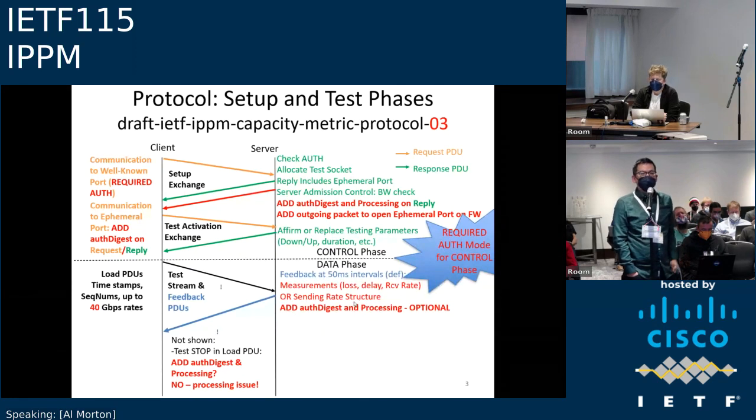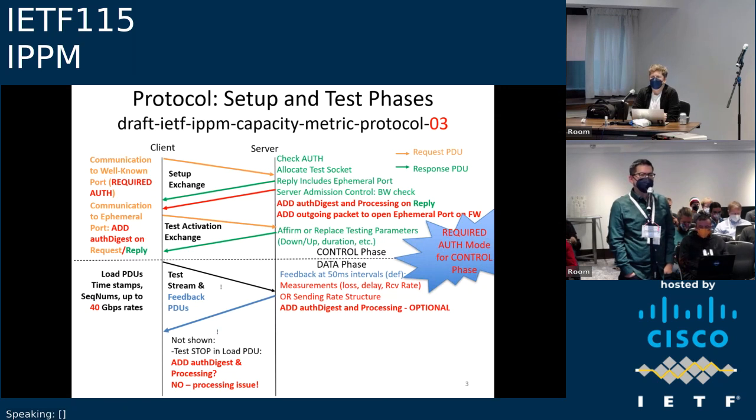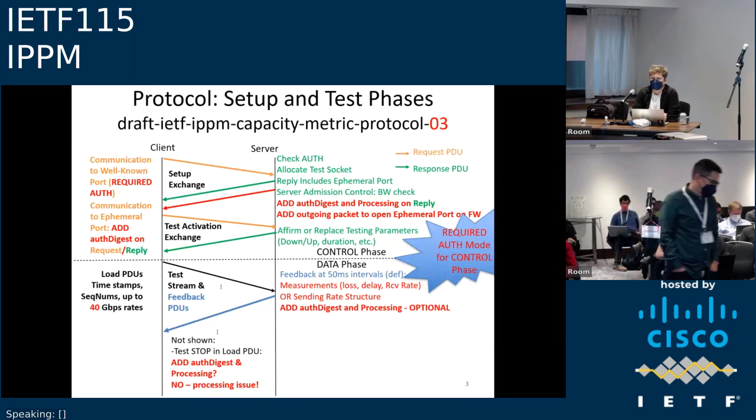We measure loss and delay variation, and we use that information directly in our load adjustment or search algorithm when we're trying to search for the maximum capacity. All right. Thanks. Sure thing.